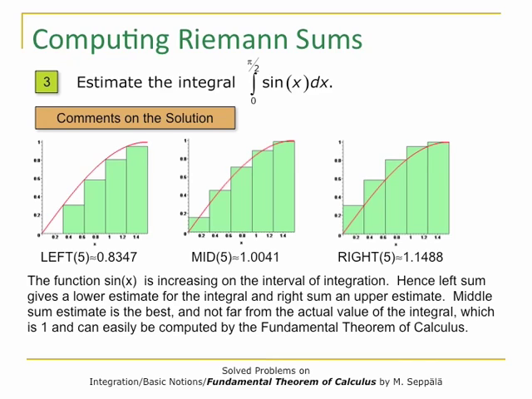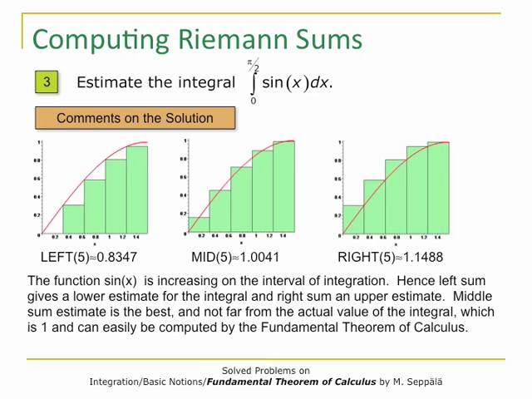Now the integral from 0 to pi over 2 sine of x dx can easily be computed by the fundamental theorem of calculus. Negative cosine is an antiderivative of sine, therefore the integral from 0 to pi over 2 sine of x dx is substitution from 0 to pi over 2 to negative cosine of x.